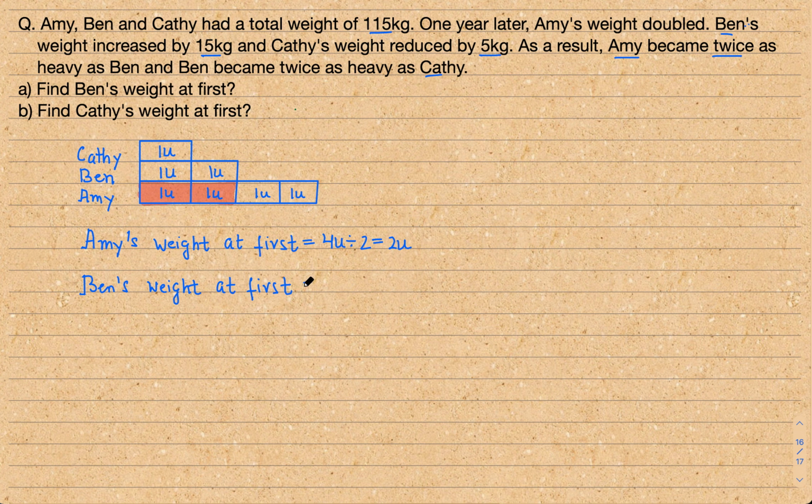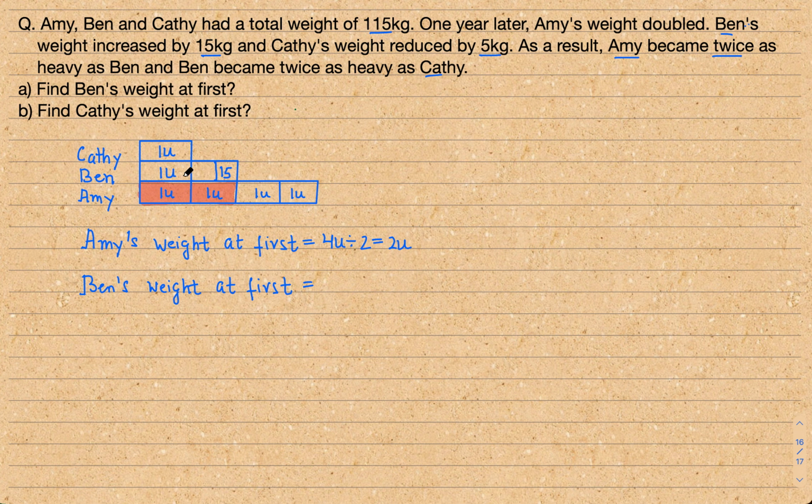If you read the question carefully, you can see that Ben's weight increased by 15 kg. That means after increasing by 15 kg, he became 2 units, right? That means earlier he was 15 less than 2 units.